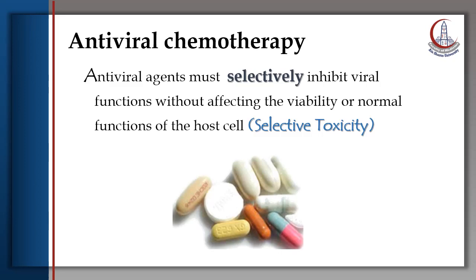As regards the antiviral chemotherapy, here the antivirals have certain limitations because, as we have mentioned, the virus can't replicate except inside the living host cells. So these antivirals must selectively inhibit the viral function without affecting the functions of the host cell.